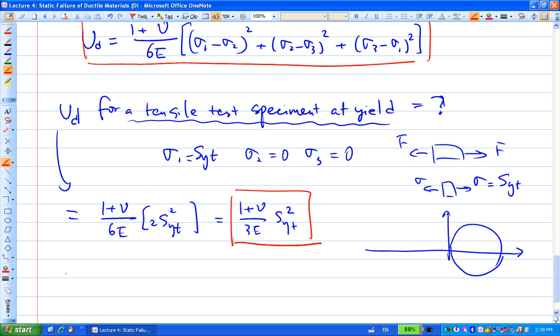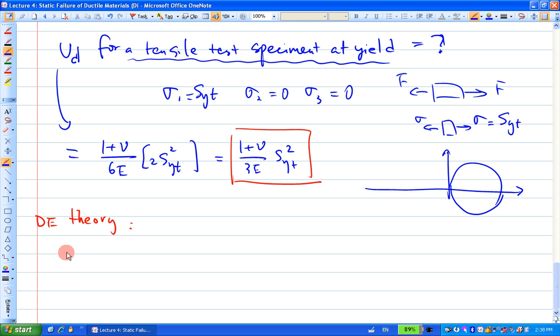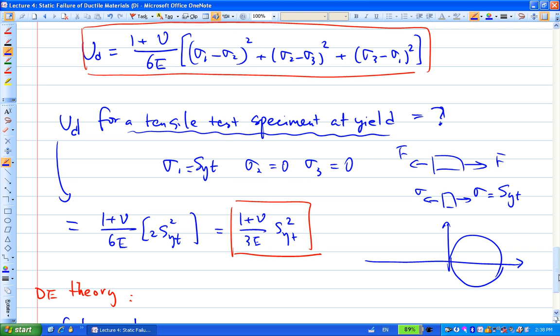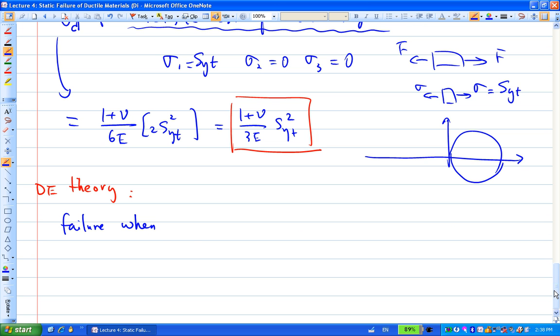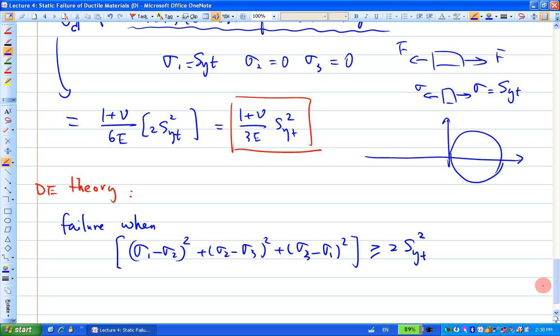So what we end up with is that the DE theory can be rewritten as the following mathematical expression. It says failure when sigma 1 minus 2 square plus 2 minus 3 square plus 3 minus 1 square is greater than 2 SYT square.